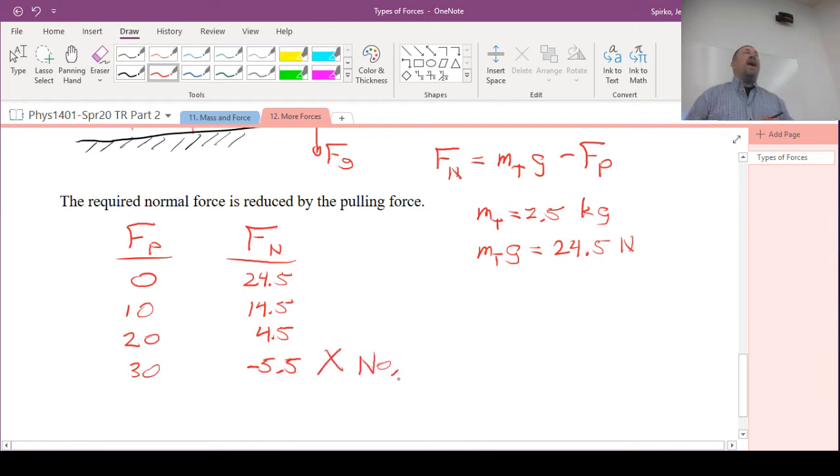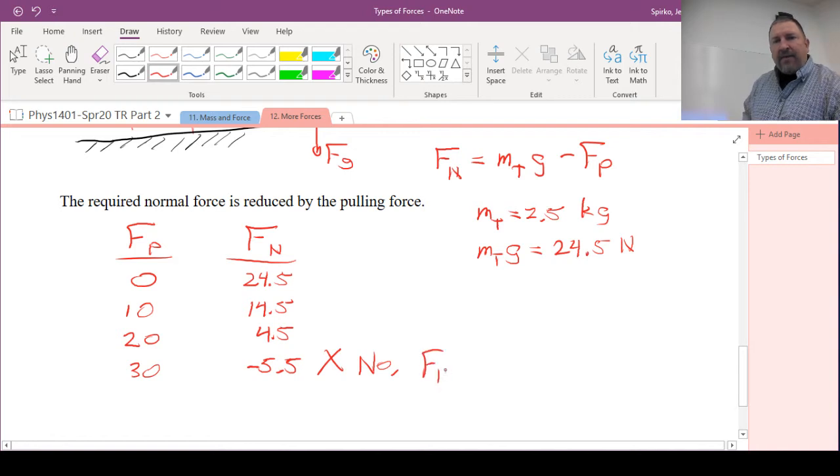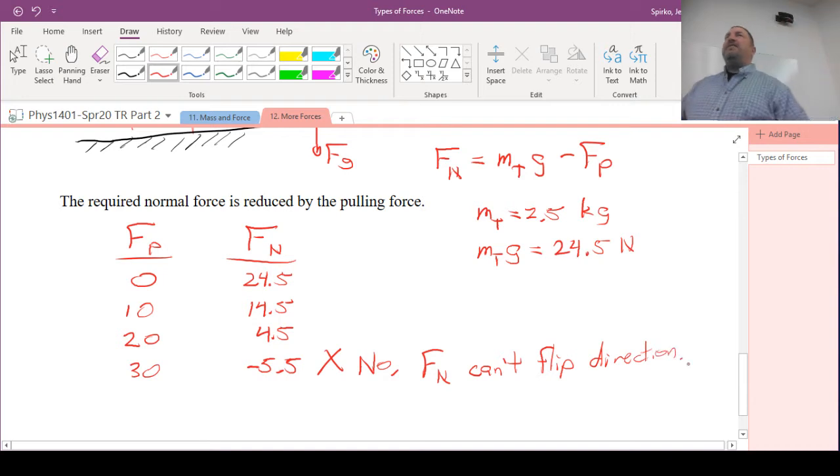No, we can't do that. By the time we do that, Fn can't flip directions. By the time we do that, the normal force went to 0.